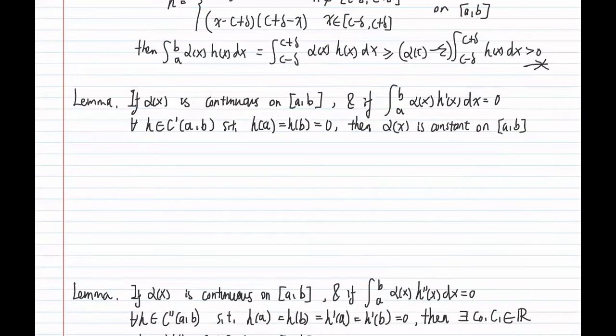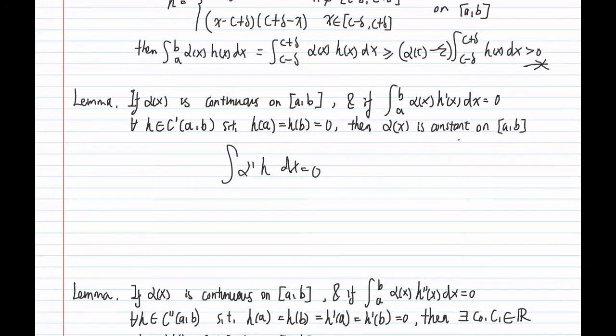One observation here is that if alpha is also C1, so if alpha is differentiable, then we can apply integration by parts, which states that the integral of alpha prime times h dx equals 0, and then you can apply the previous lemma, which is pretty obvious.